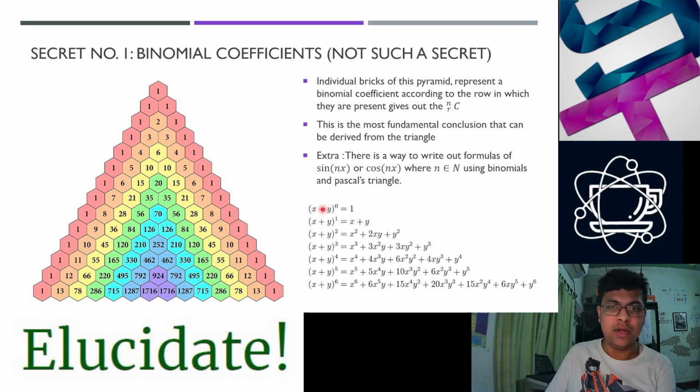For example, (x plus y) whole cubed is x cubed plus 3x squared y plus 3xy squared plus y cubed. You can see the coefficients here: 1, 3, 3, 1, and you can see it from the fourth row.